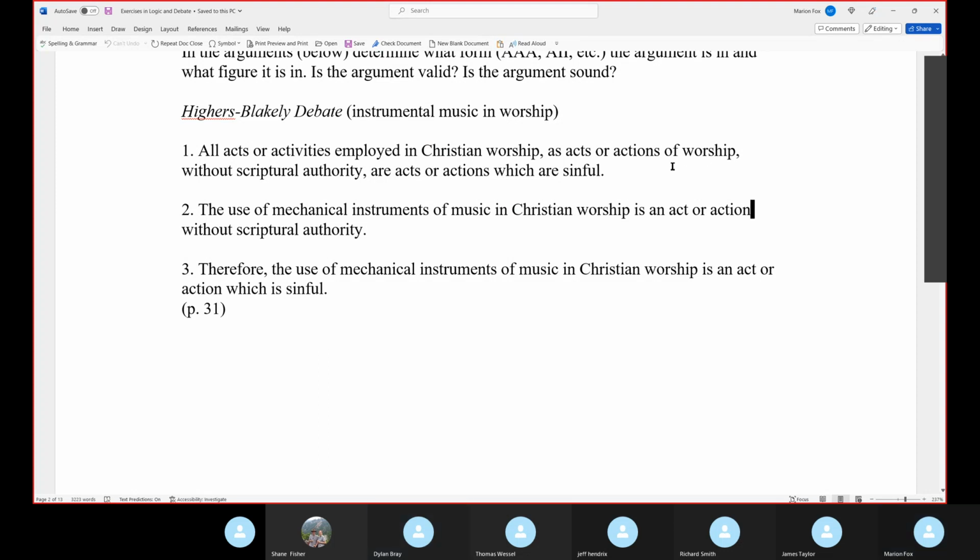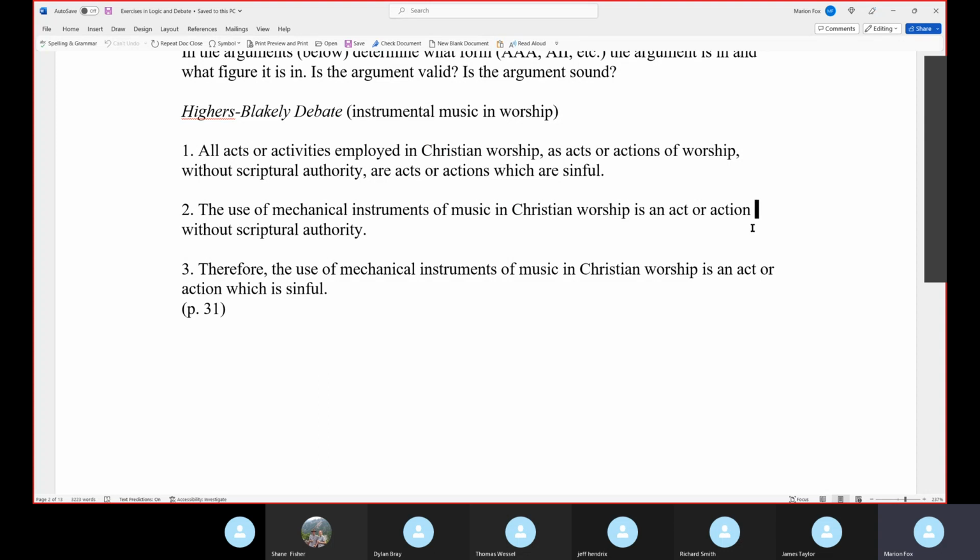So he has "of worship" here, and he doesn't have it here. So he's off just a little bit in his form, but he should have had "of worship." That part was left out right down here. Did you notice that? But he's basically got a pretty good argument. At least he's laid it out pretty good.